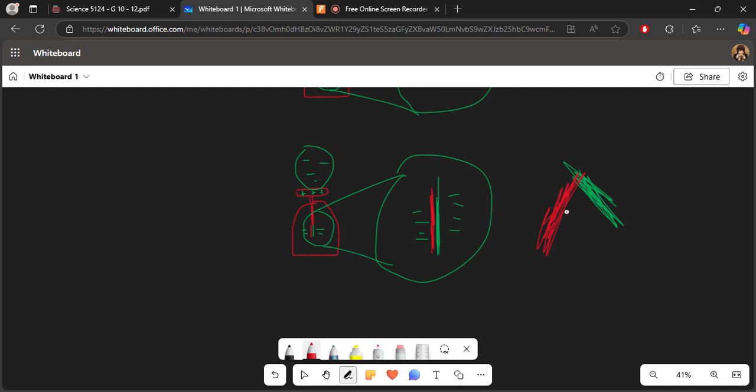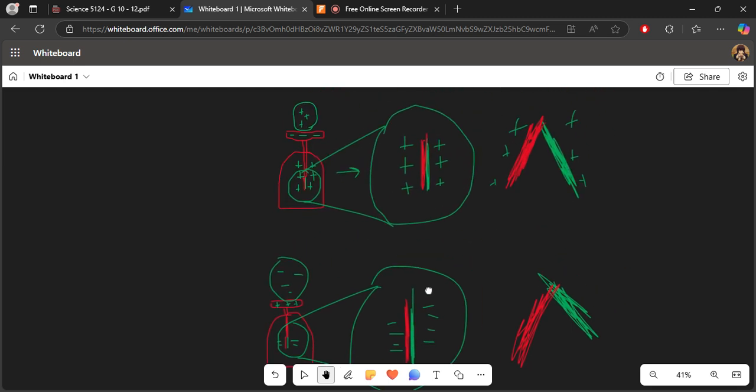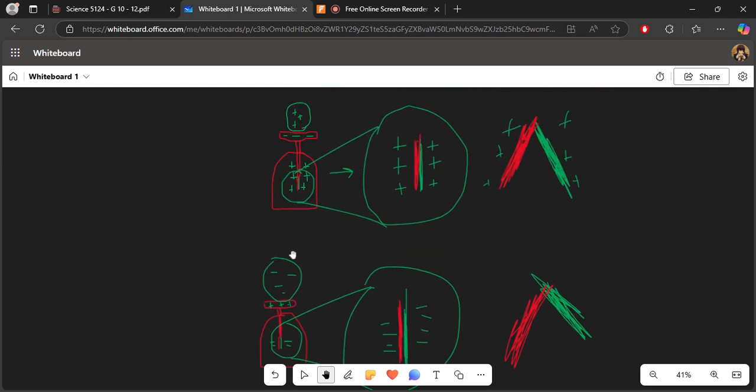Notice that regardless of whether the charge is positive or negative, the outcome is the same. The gold leaves repel. So the gold leaf electroscope detects the presence of a charge. It does not tell you whether the charge is positive or negative. That's one thing you should take note of. Let me add our charges here: negative, negative.